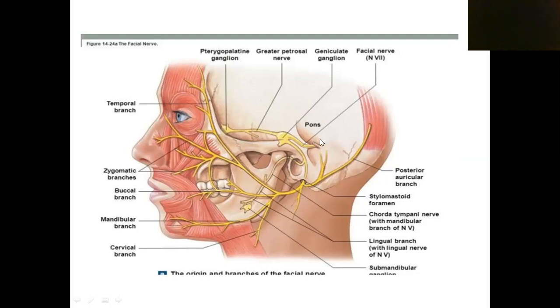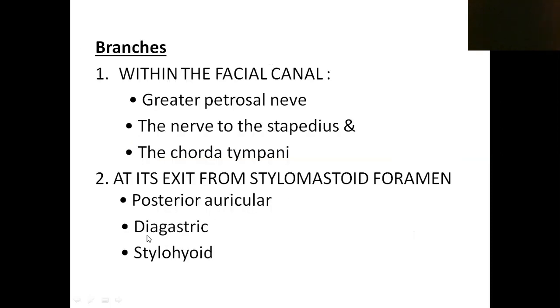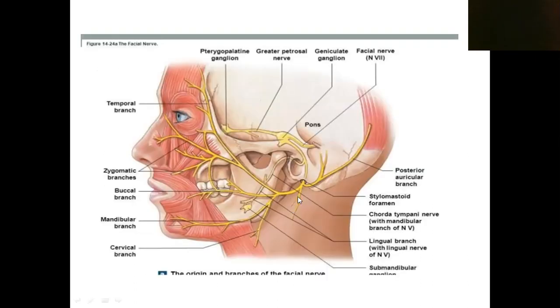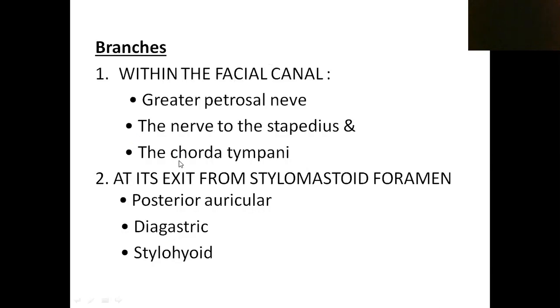This branch which lies behind the auricle is known as the posterior auricular. In addition, there are the nerve to digastric and the nerve to stylohyoid. These are some of the branches of the facial nerve.